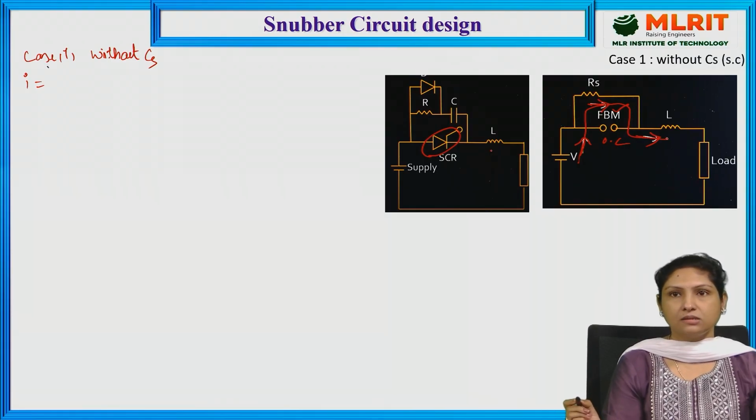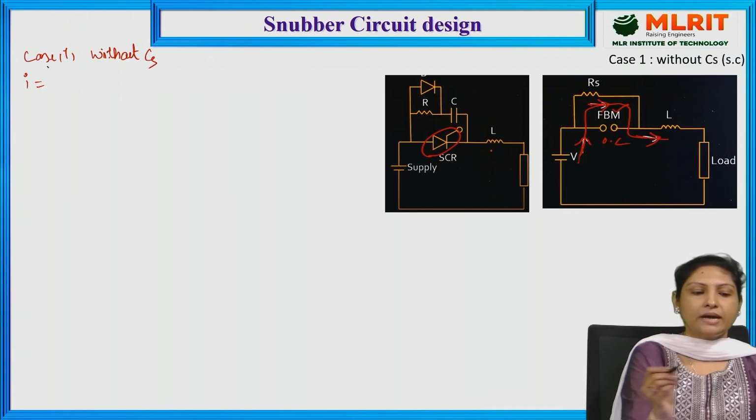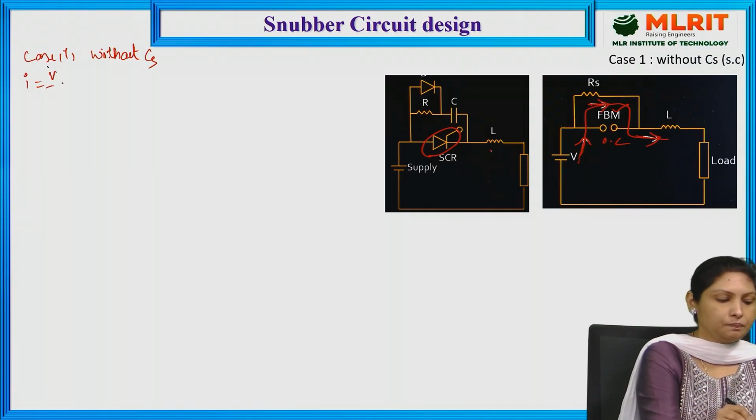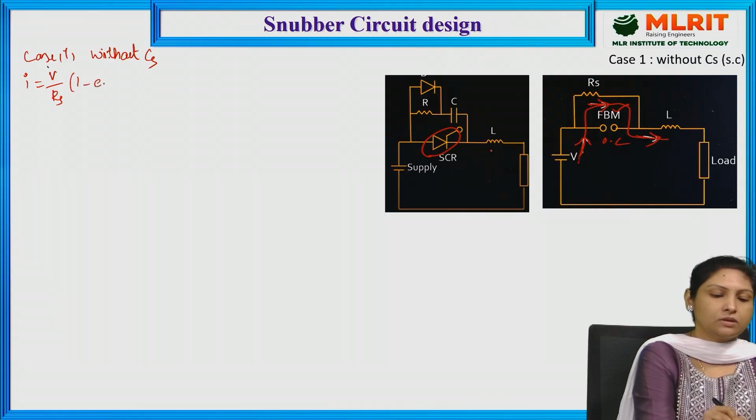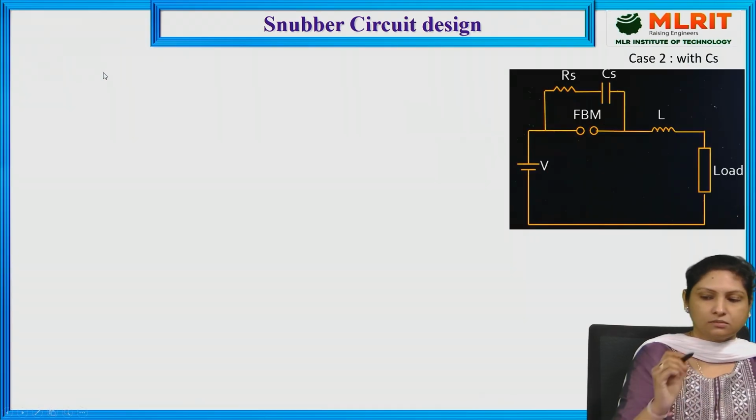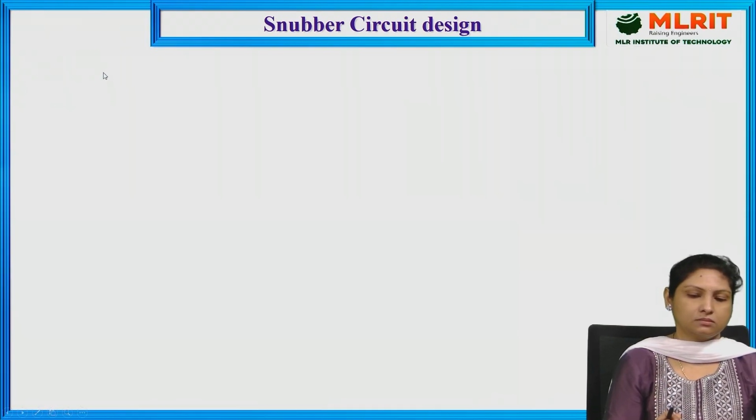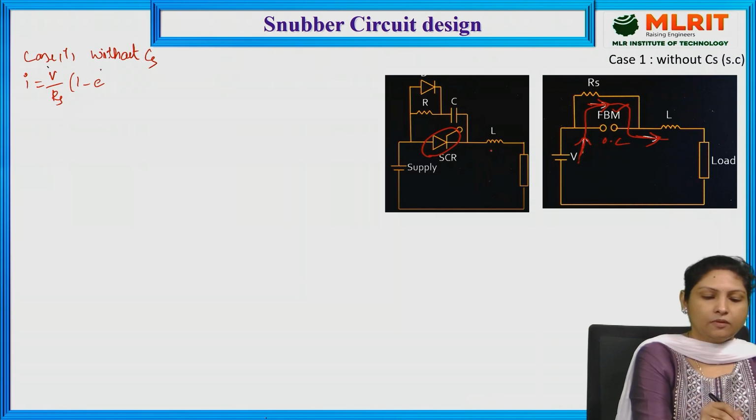In that case, the current flowing through the circuit is given by I is equal to V by Rs into 1 minus e power minus Rs by L into T.